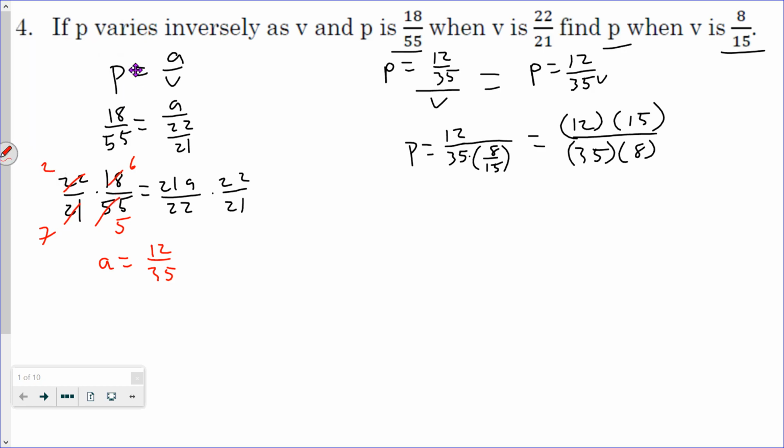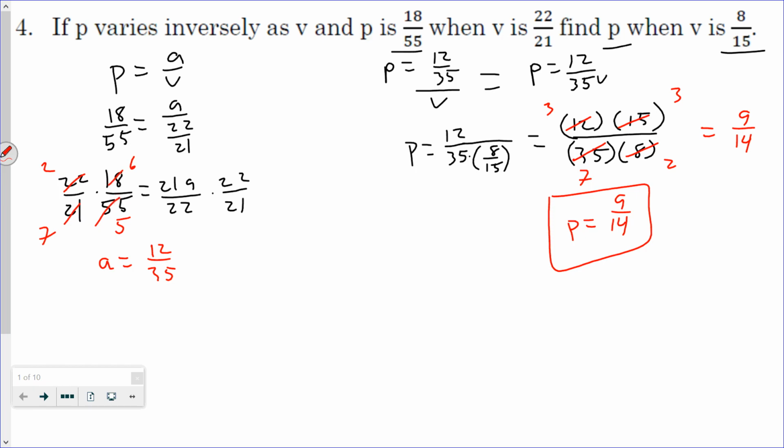I see 12 and 8 are both divisible by 4, so I get 3 and 2. These are both divisible by 5, so I get 3 and 7. So I end up getting 9 over 14. So when B is 8 over 15, P is 9 over 14. And that's how you do this problem.